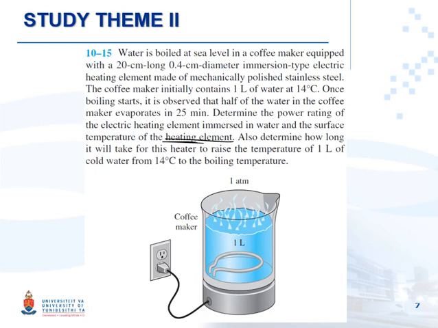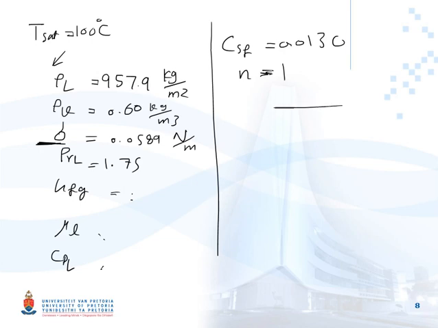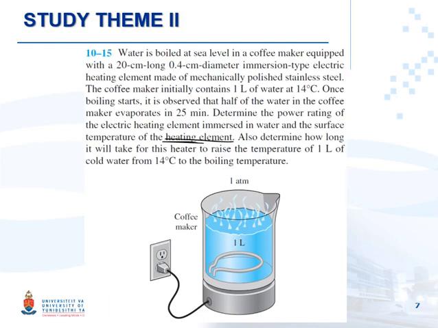There is another piece of information that is given to us as well. Let me just go back to the question and show it to you. There is something about evaporation. Once boiling starts, it is observed that half of the water in the coffee maker evaporates in 25 minutes.